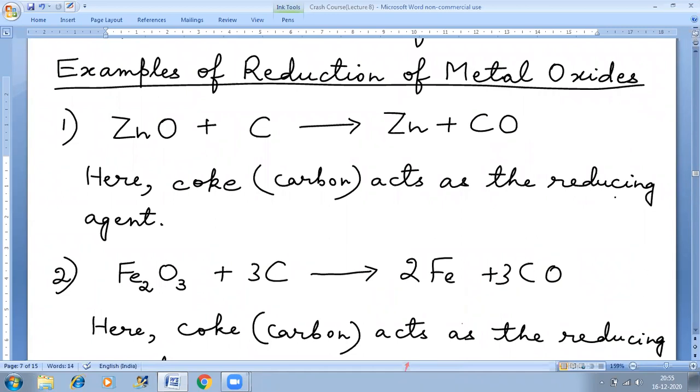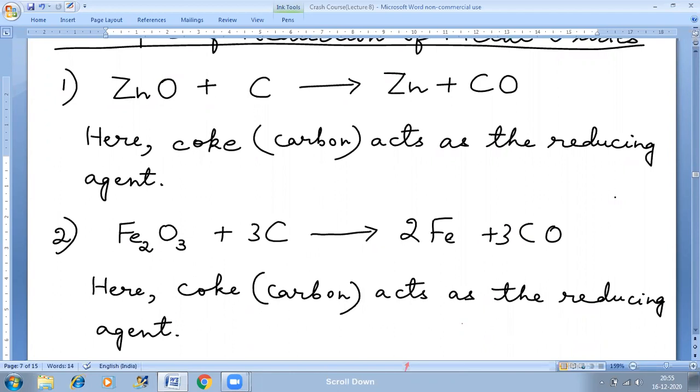That is with the help of carbon. Second one, Fe2O3 is again ferric oxide, so it's an oxide of iron. Again, carbon is acting as a reducing agent in the second reaction. It is reducing Fe2O3 to Fe. That means Fe2O3 is getting converted to Fe with the help of carbon. So again, it is a reduction process.